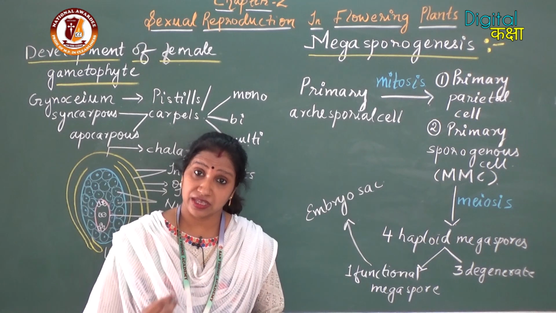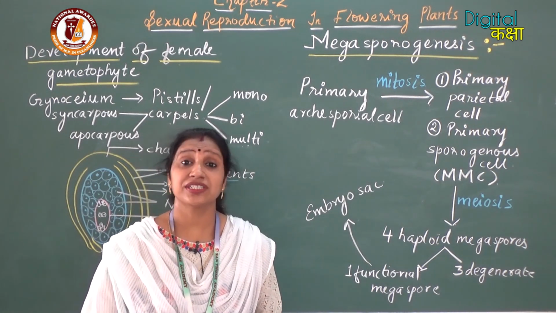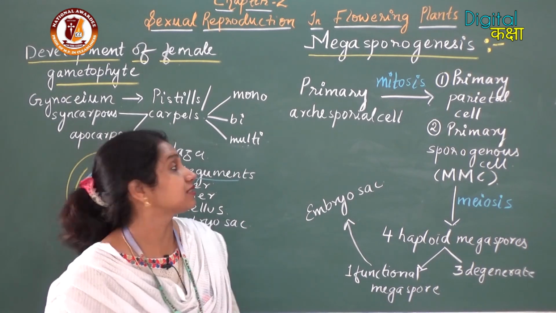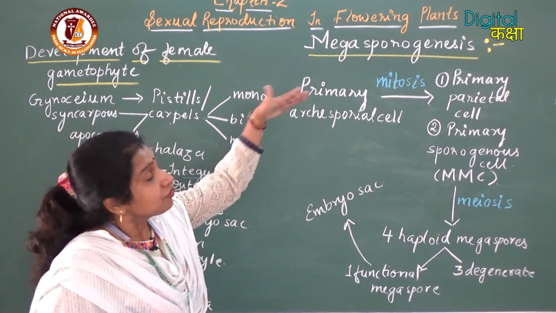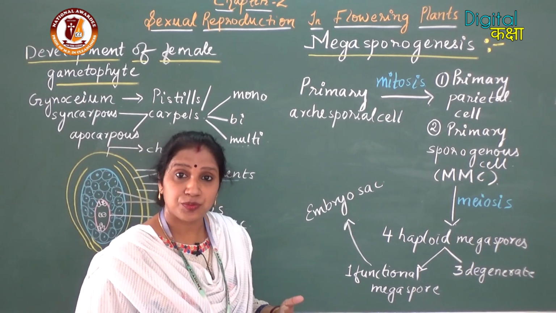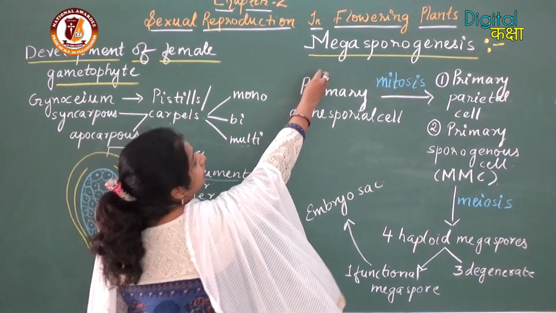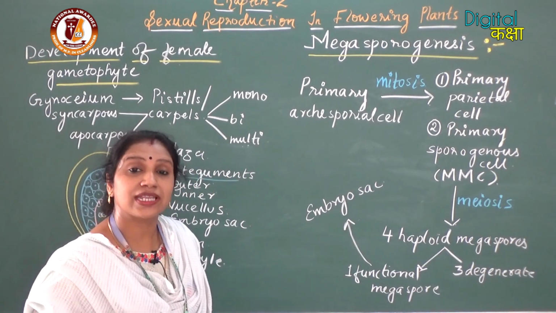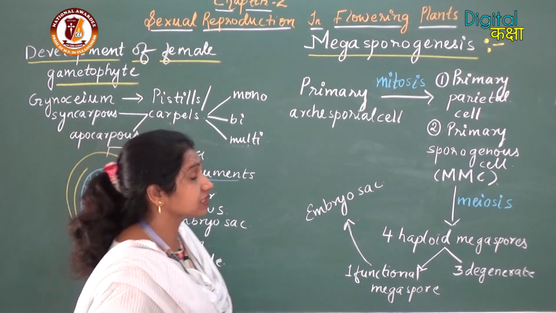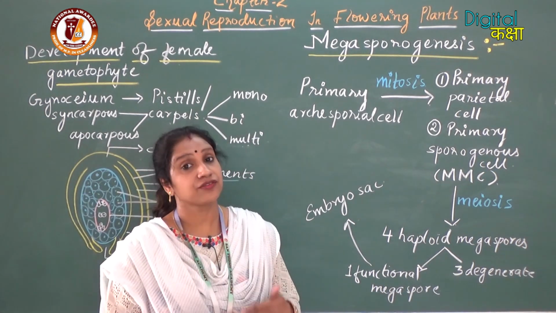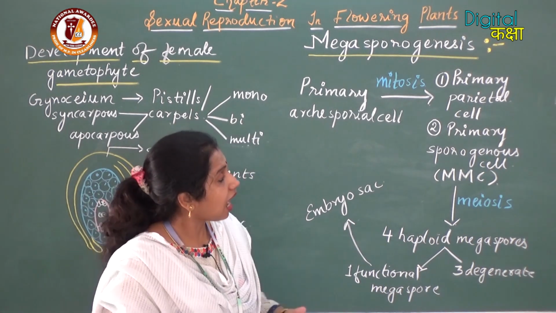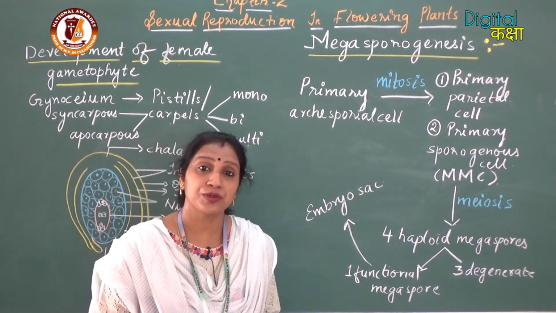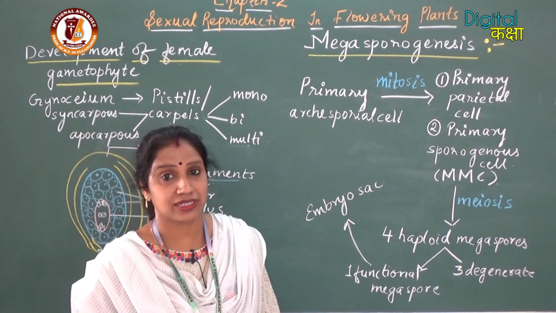In case of the male gametophyte, we have studied the process of microsporogenesis. Now, here for the formation of megaspore, the process is called megasporogenesis. So, first we will discuss how these megaspores are being formed by the process of megasporogenesis.